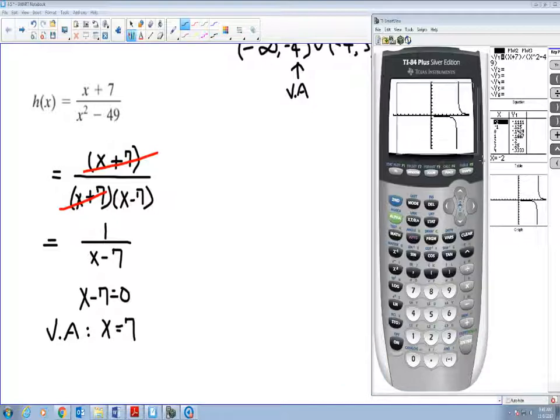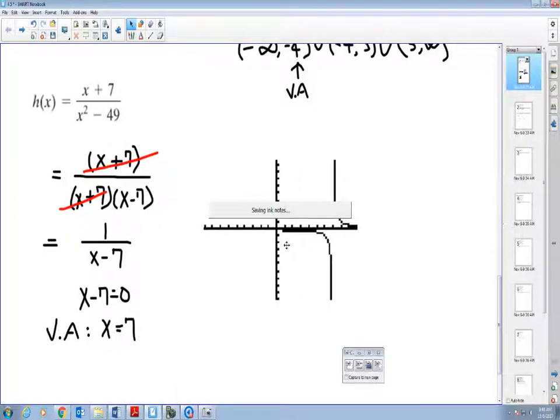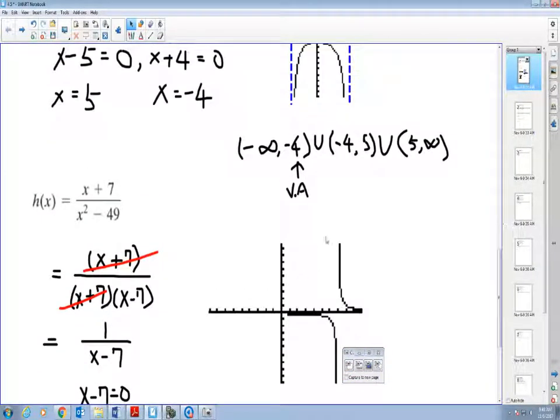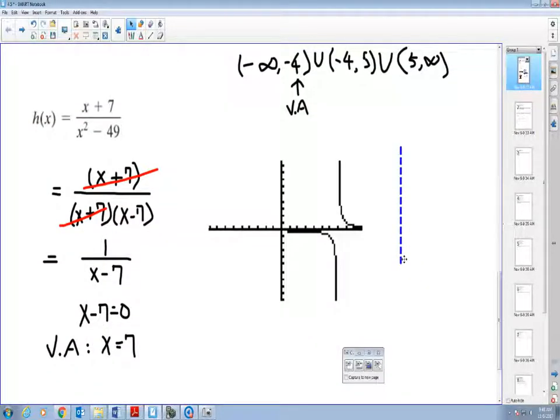Alright, so I'm going to take a picture of this thing. So technically, the vertical asymptote you don't see, there's actually one right here at x equal to 7. That's my vertical asymptote.